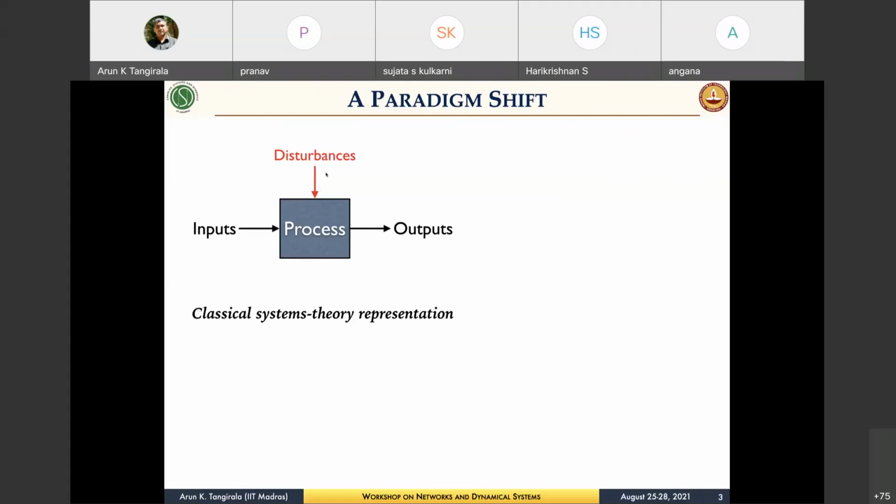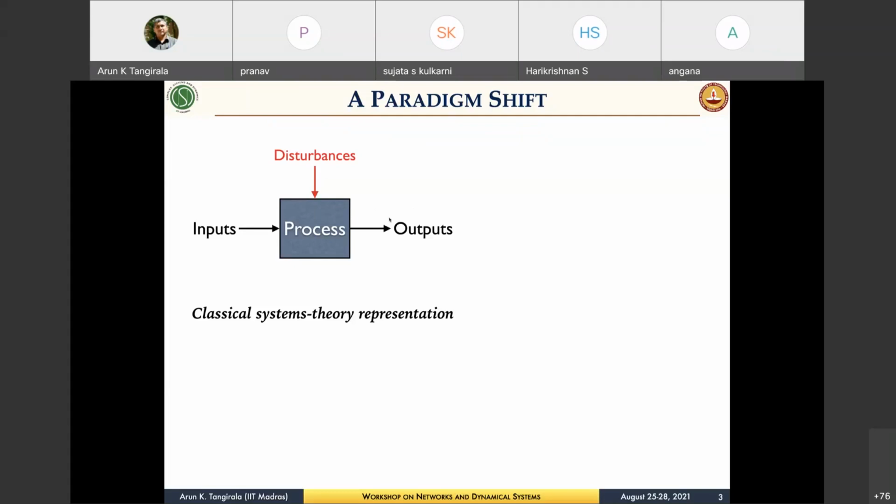By the very definition, disturbances are beyond the user's control. And then it responds, which we call as output. So this has been the backbone of a lot of developments that you see in systems theory, systems engineering.